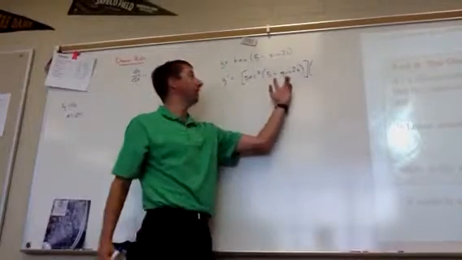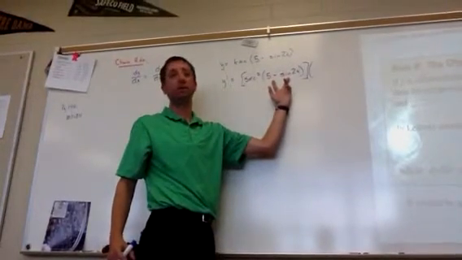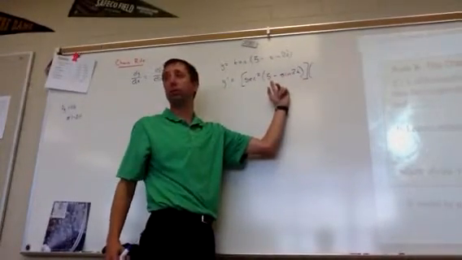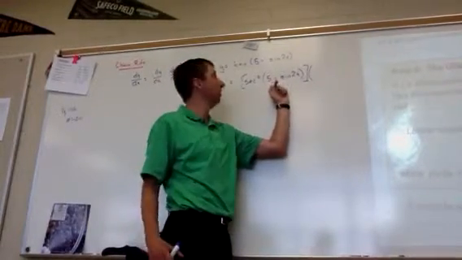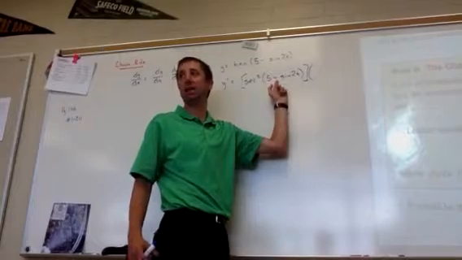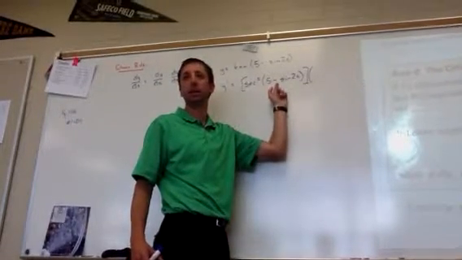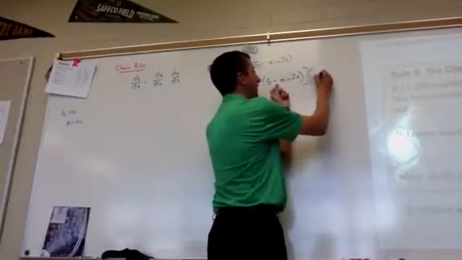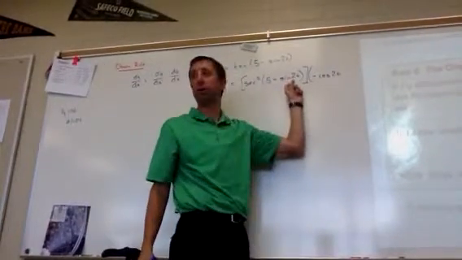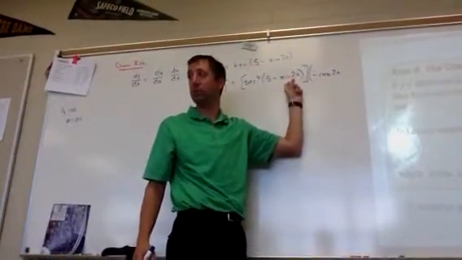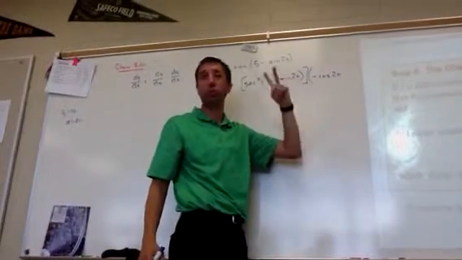What's the derivative of 5 minus sine of 2t? Well, the derivative of 5 is 0, so I don't have to worry about that. What's the derivative of negative sine of 2t? Negative cosine of 2t times the derivative of the inside, which is 2.